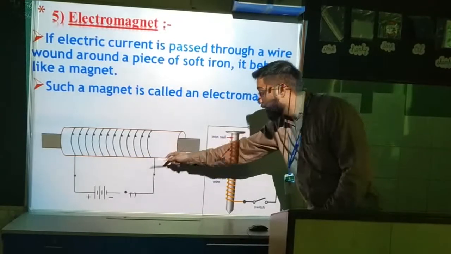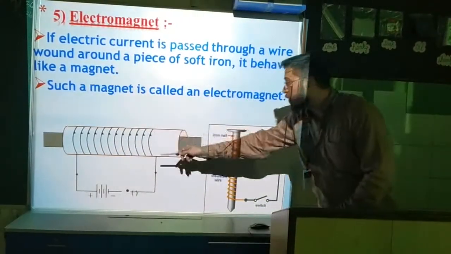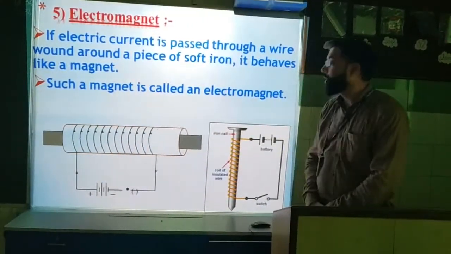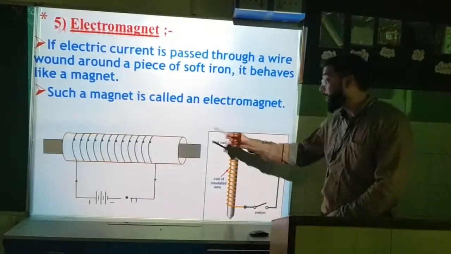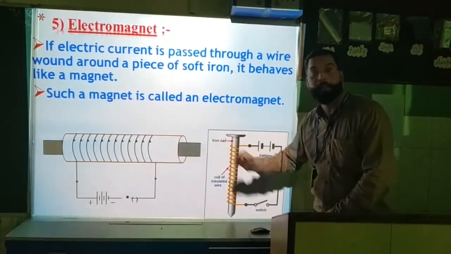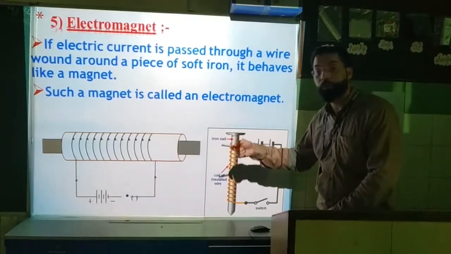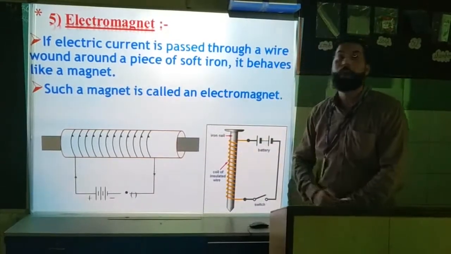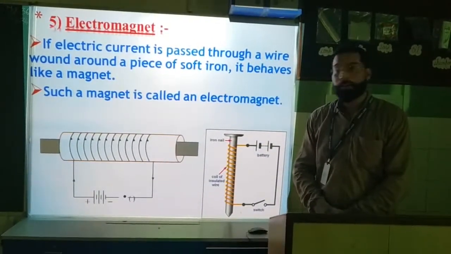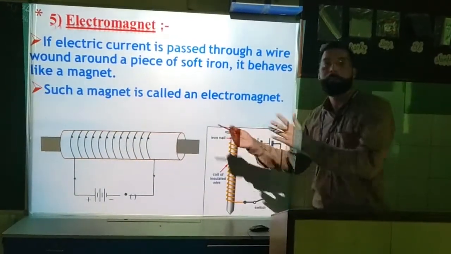When current is passed through this solenoid, that soft iron bar behaves like a magnet. This is known as a temporary magnet. If you want to convert this into a permanent magnet, in place of soft iron, you have to use steel.